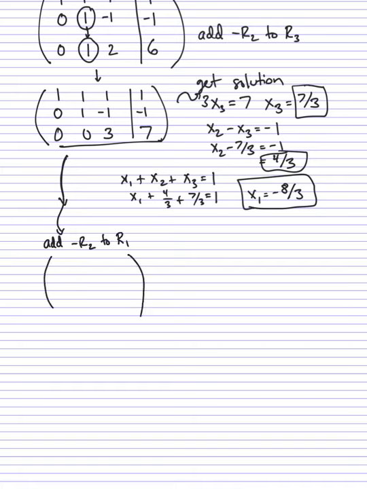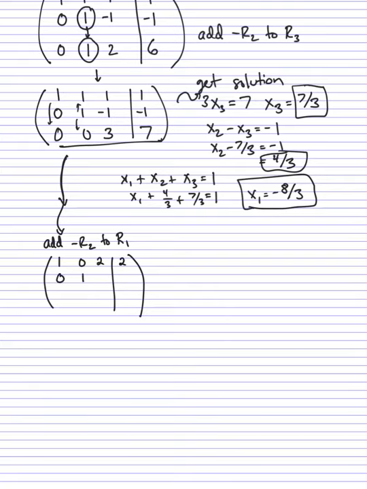Okay, so now we've kind of gone down here, and now we're going back up. And by going back up, I mean we're going to make terms 0. Eventually, this will just be the diagonal matrix. Okay, so we add minus row 2 to row 1, so we get 1, 0, 2, 2.